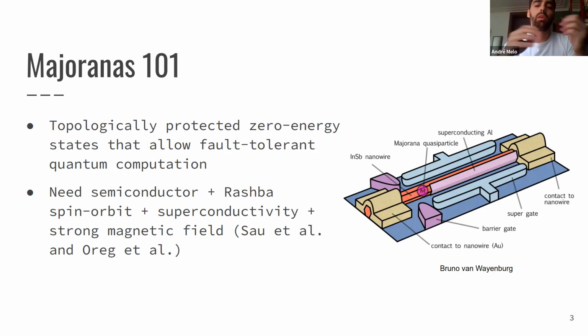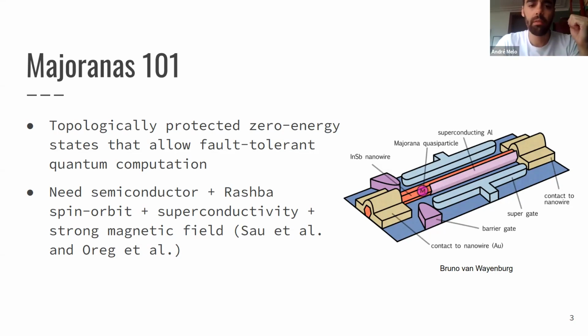Now, there are many possible ways of realizing them, or I should say many theoretical proposals on how to realize them, but by far the one that has received most attention relies on a few ingredients of solid-state physics. Namely, you need a semiconductor that has spin-orbit coupling, you need superconductivity, and you need a strong magnetic field.